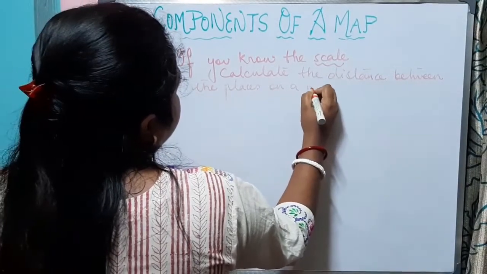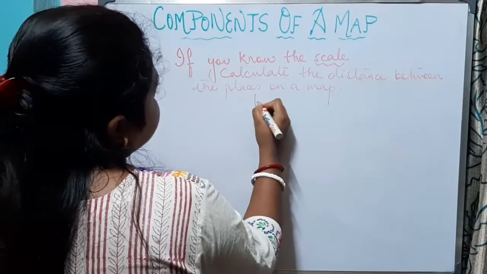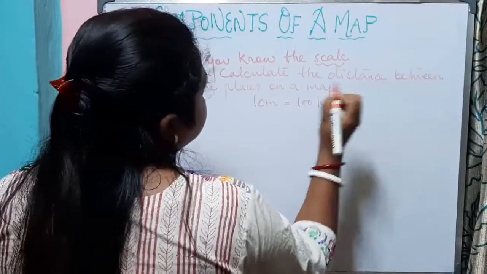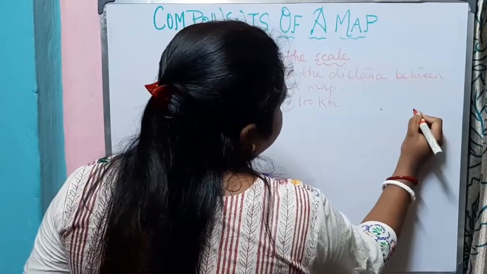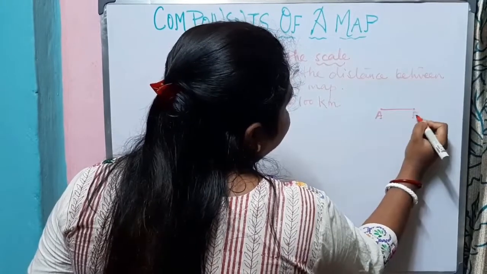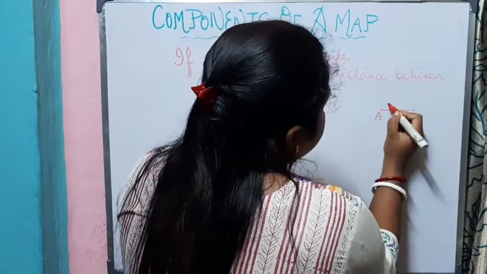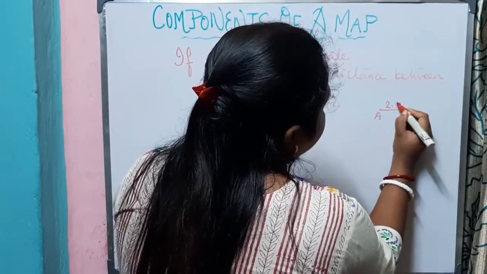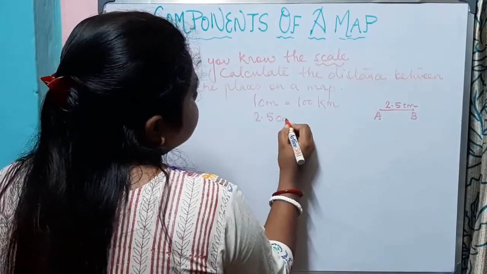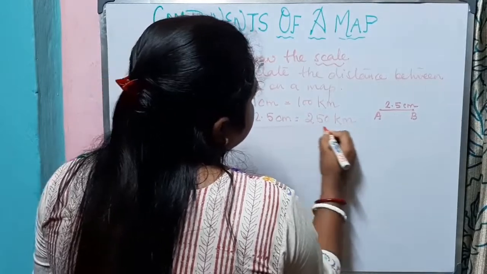on a map. For example, if the scale is 1 centimeter equals 100 kilometers, and on the map the distance between A and B, as we are just putting a scale and measuring, comes to 2.5 centimeter, then 2.5 centimeter means 250 kilometers.